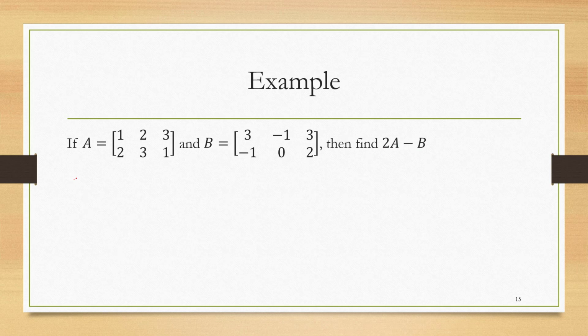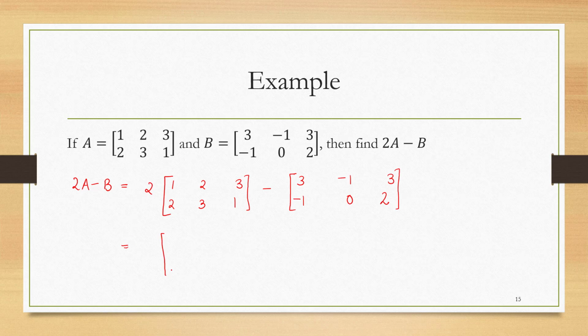2A minus B. So 2A minus B is 2 times A, which is 1, 2, 3, 2, 3, 1, minus B, that is 3 minus 1, 3, minus 1, 0, 2. This is equal to 2 times this matrix, which is 2, 4, 6, 4, 6, 2.